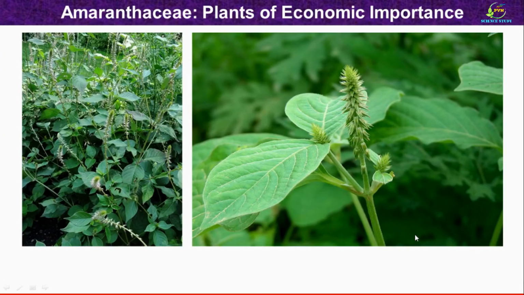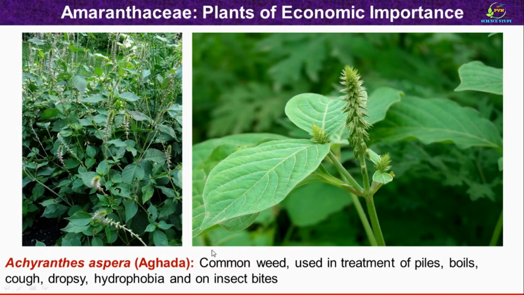Then this is another very familiar plant to you. Botanical name of the plant is Achyranthes aspera. In Marathi it is called aghada. This is the photograph of the plant where we can see how flourishingly it is growing in common places.